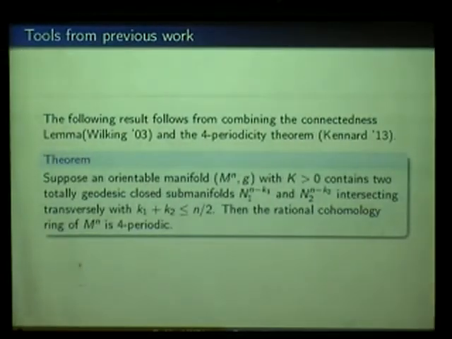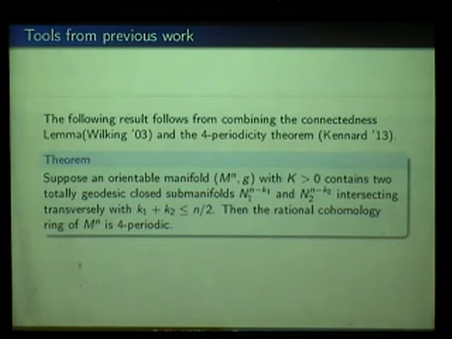So we want to bring ourselves into a situation where, inside a totally geodesic submanifold, we find two other smaller totally geodesic submanifolds that intersect transversely, and such that the intersection has still half of the dimension.